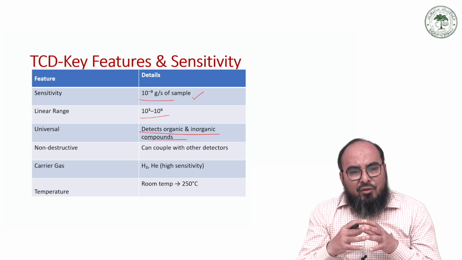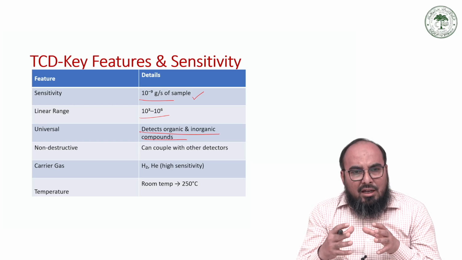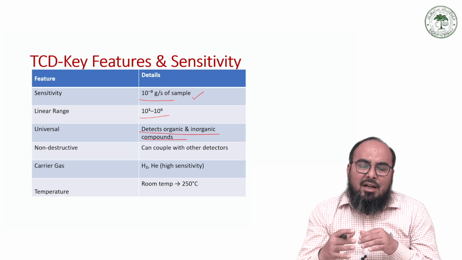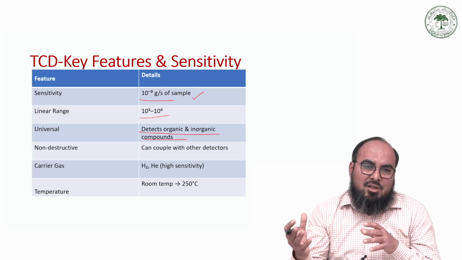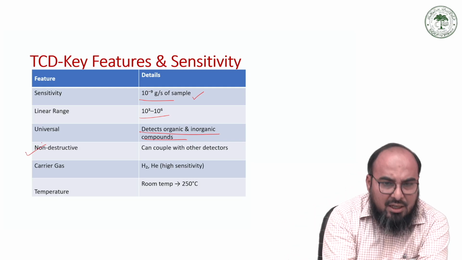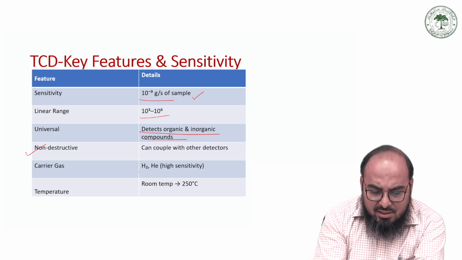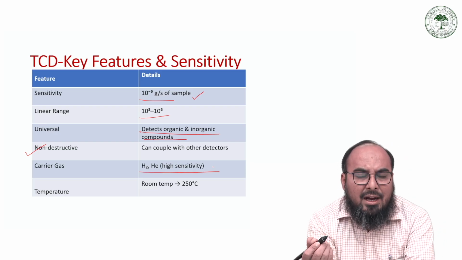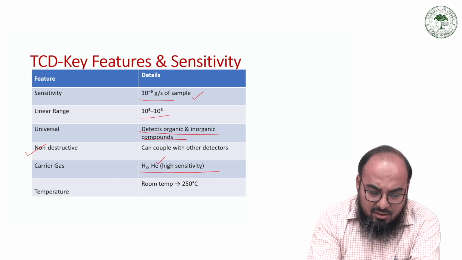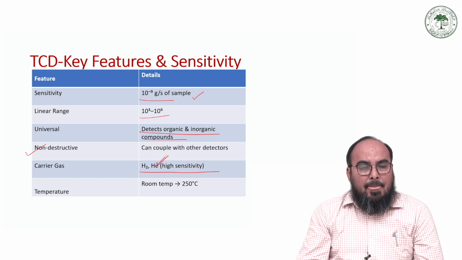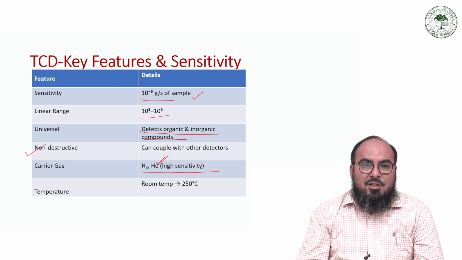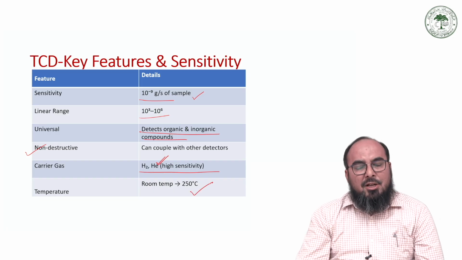Initially, your effluent can be analyzed by TCD and then it can go to FID, that is the flame ionization detector. So you can use it in conjunction with other detectors also. Here, the carrier gas can be helium or hydrogen. Helium is preferred here because of the high sensitivity. Temperature is again not too high, 250 is the bearable temperature.